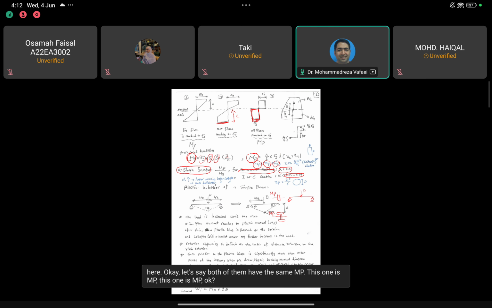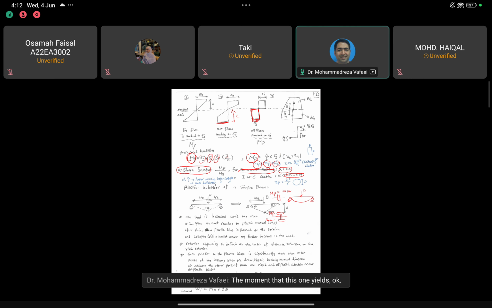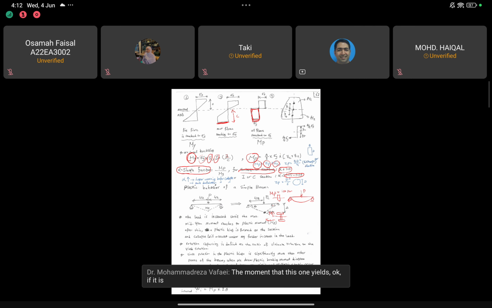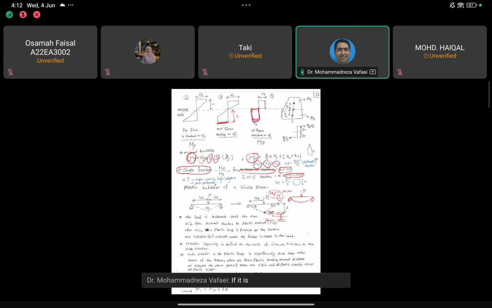You have designed them in such a way that both can generate, let's say, 100 kilonewton meter of bending resistance at the plastic condition. So at the moment that this one yields, if it is a rectangular cross section, you have a large deflection, and if you have an I shape, you have a small deflection.